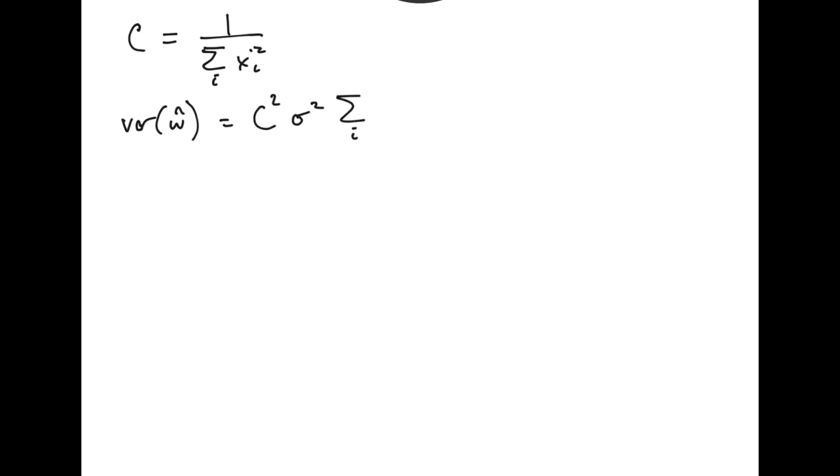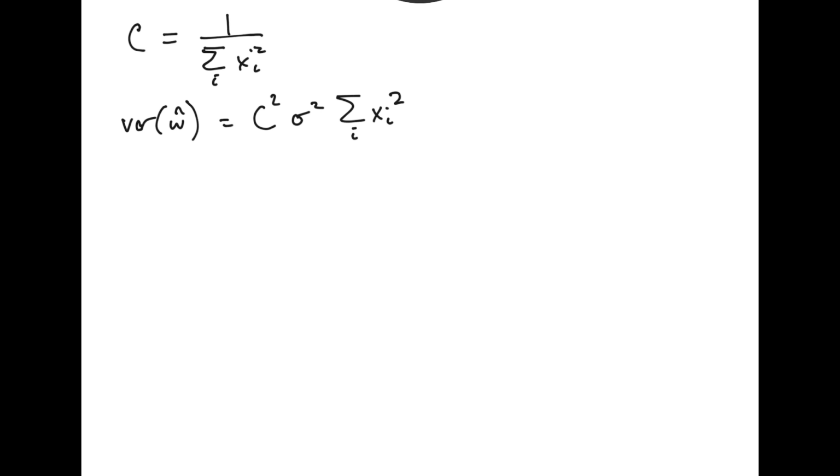Okay, so you could leave your answer like that, or you could simplify further, which would be desirable in this case. We just have to remember that c is equal to 1 over the sum over i of xi squared. What we had before was the variance of w hat being c squared sigma squared times the sum over xi squared. So obviously this cancels out with one of the c's.